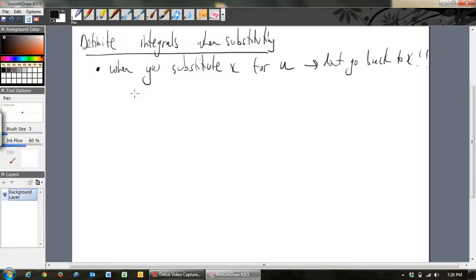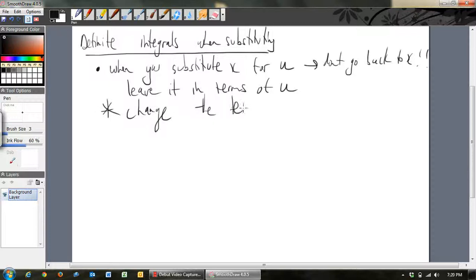Leave it in terms of u, but just change the terminals. Okay, I'll show you exactly what I mean.